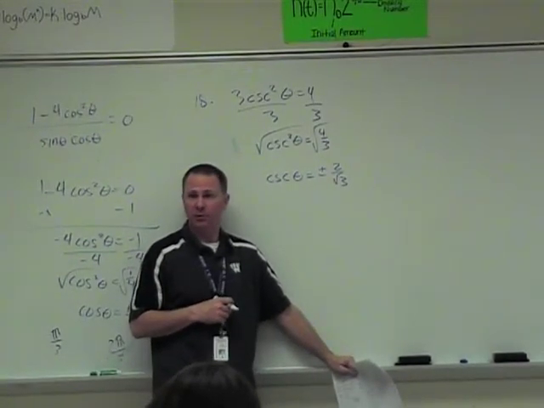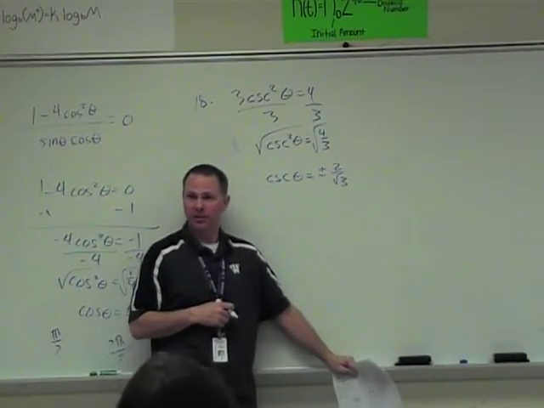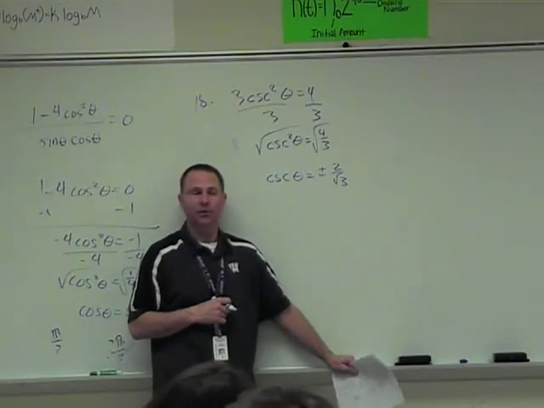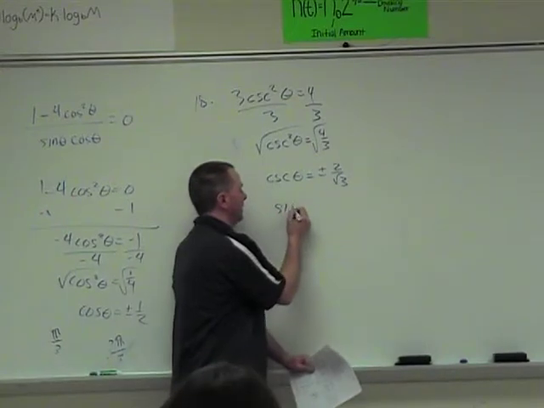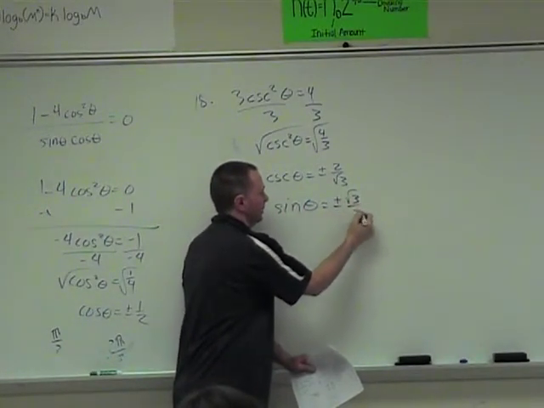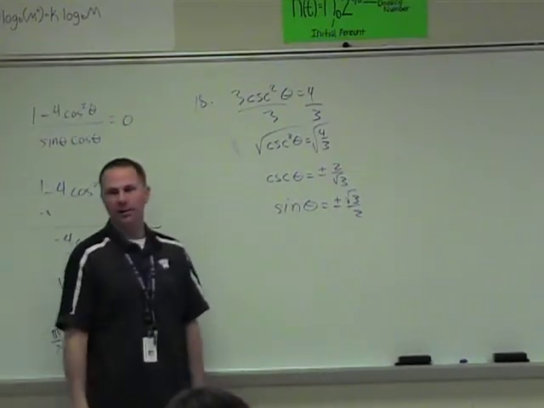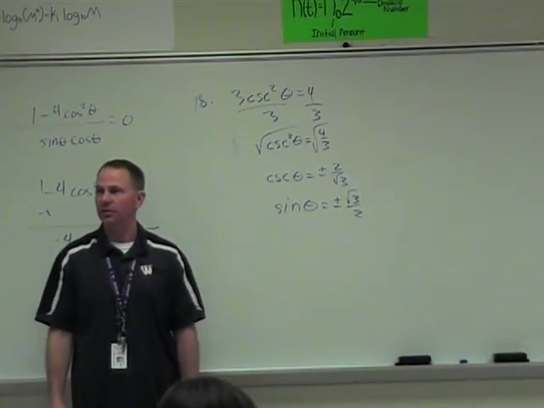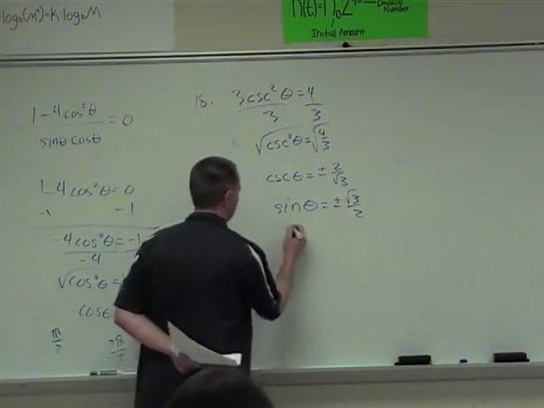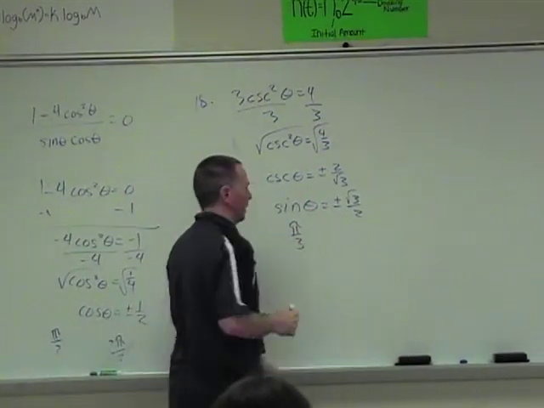If it was a reciprocal, right? Well, what do you know about your reciprocal identities? What's cosecant? 1 over sine. So the sine of theta would be the reciprocal of that, plus or minus radical 3 over 2. When is y radical 3 over 2? Let me get a circle. 60 degrees, which is pi over 3. When is it negative?